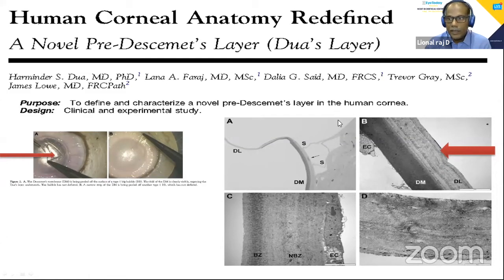He proved it with very high resolution microscopy, and he termed it Dua's layer or the pre-Descemet's layer. So this is Descemet's, this is the endothelial cell, and this is the pre-Descemet's layer, which constitutes nearly 15 to 20 more microns of tissue.